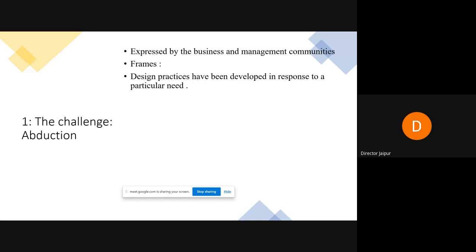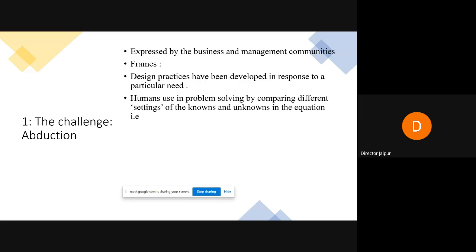Design practices have been developed in response to a particular need, as you see here. That is what we have to do in a particular setting. What are these settings? In terms of an equation, what plus how is equal to result.